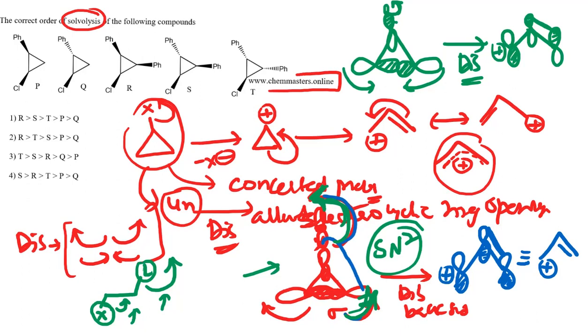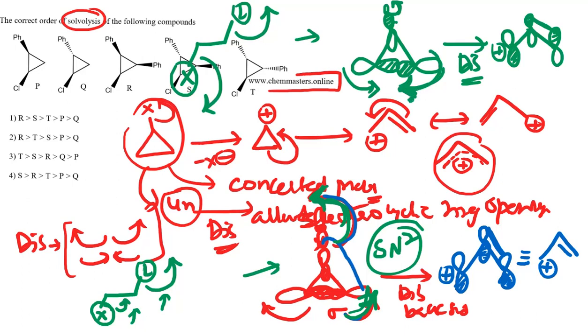Whereas for the second type of disrotatory, that is inside disrotation, try to check the leaving group and incoming group, where the leaving group is like this, whereas the incoming group is like this. You can see the incoming group orbital rotation is like this.